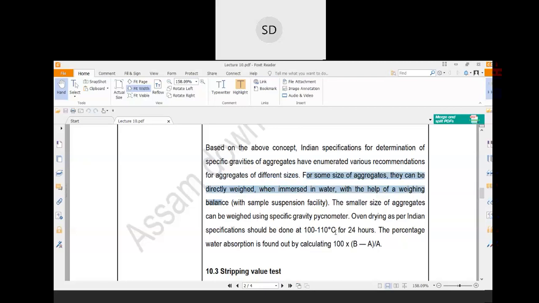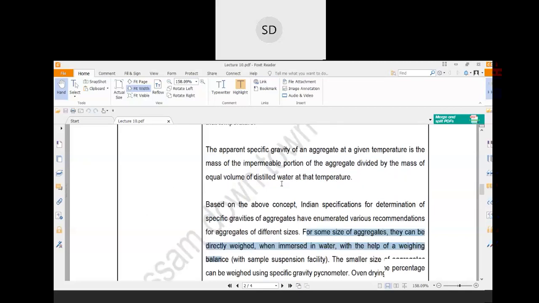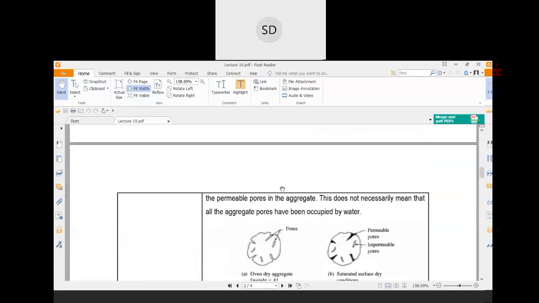For the smaller size of aggregate, you can use the pycnometer test which we have demonstrated in our lab. And oven drying, as per the code, could be done at 100 to 110 degrees Celsius for 24 hours. So these are the concepts of specific gravity.